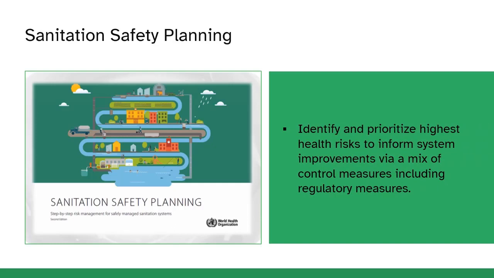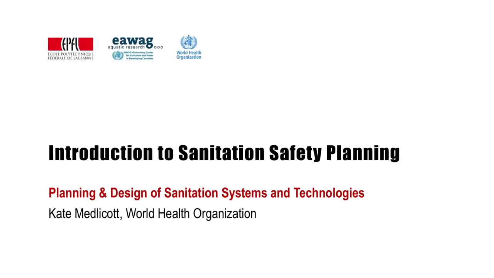Sanitation Safety Planning helps you identify and prioritize the highest health risks, which in turn informs system improvements via a mix of control measures, including regulatory measures. Here you see the SSP manual available from WHO. We'll place a link to the manual and online learning platform at the end of this module. Because of its central importance, let's take a closer look at sanitation safety planning through this short video.